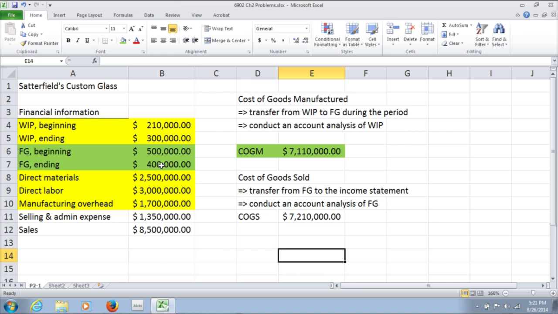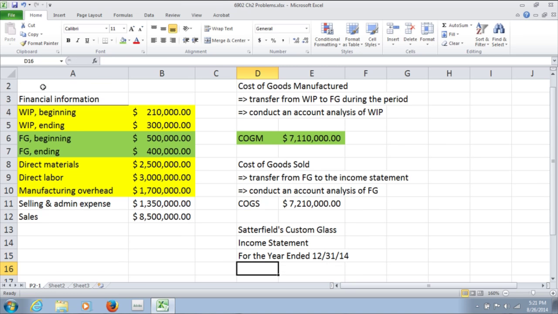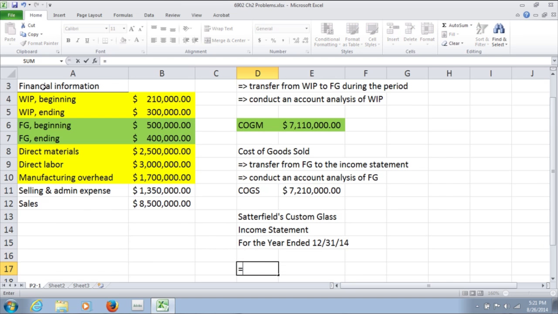At this point, we're ready to construct an income statement. So in good form, we would take our company name, then we'll have an income statement for the year ended 12/31/14, because we may be looking into the future here.